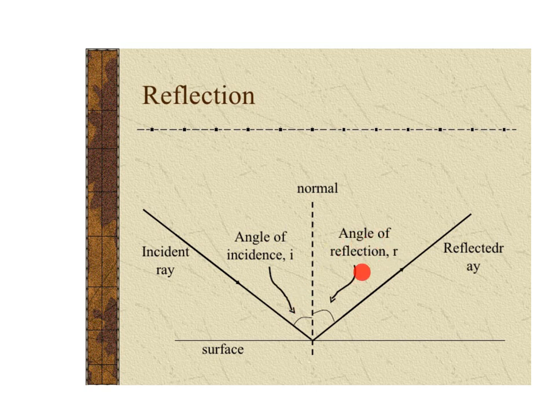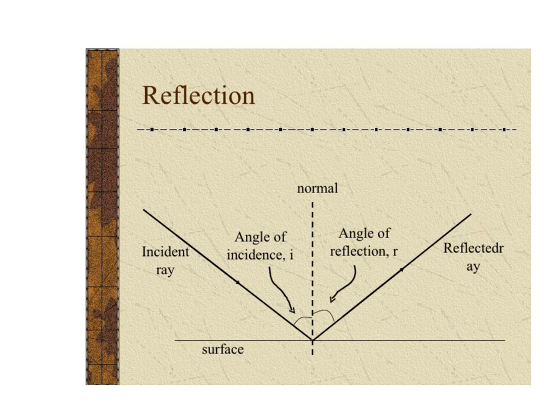What is the angle of incidence? Angle of incidence is denoted by I, and this angle I is made between the normal and the incident ray. And also the angle of reflection R is made between the normal and the reflected ray.